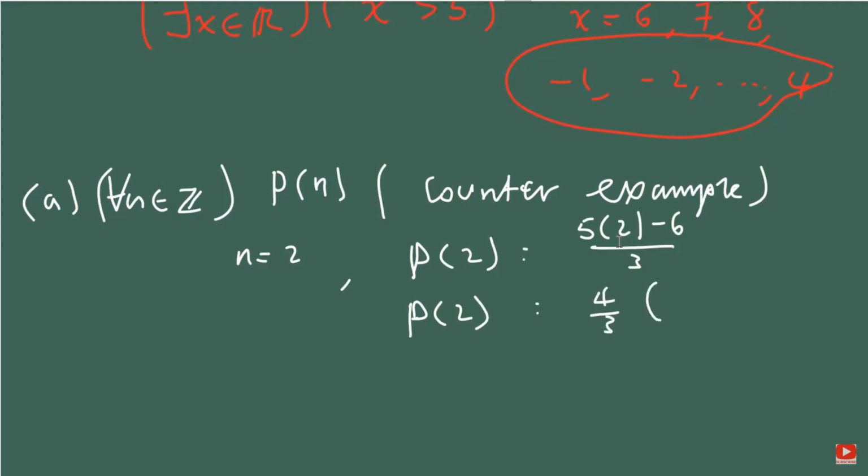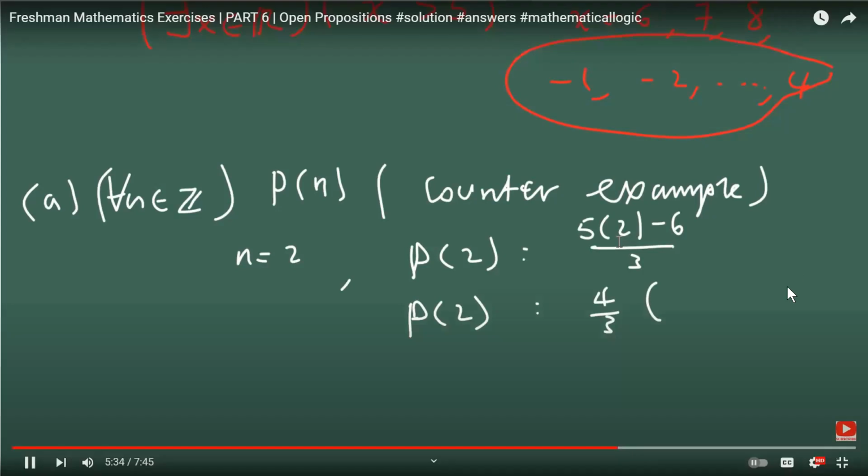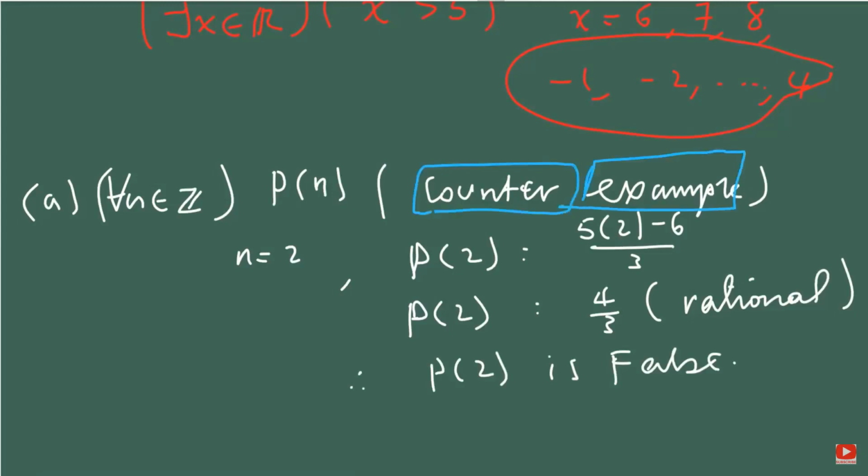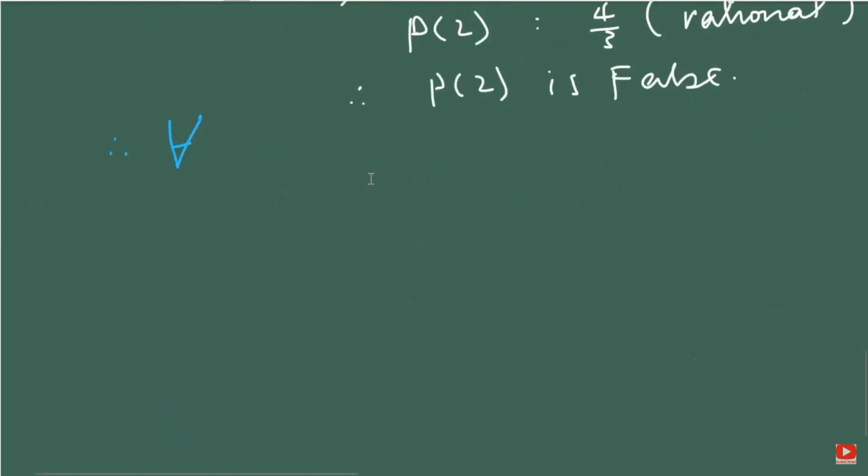This is not an integer; it is a rational number because it is the ratio of two integers. So P(2) is false. We have found a counterexample which makes P(n) false. Therefore, the conclusion is: for all n an element of the integers, P(n) is false.